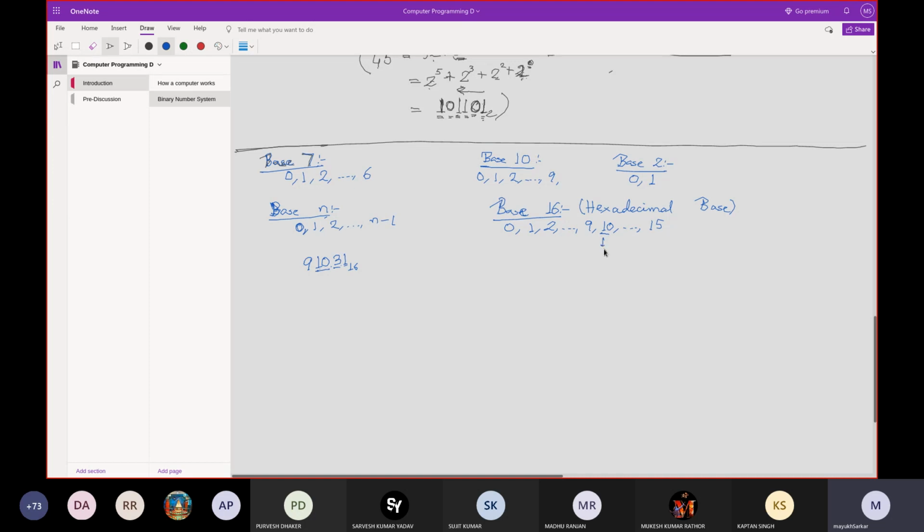So 10 becomes A. You can consider small a as well, there is no problem in that. 11 becomes B, 12 becomes C, 13 is D, 14 is E, and 15 turns out to be F.